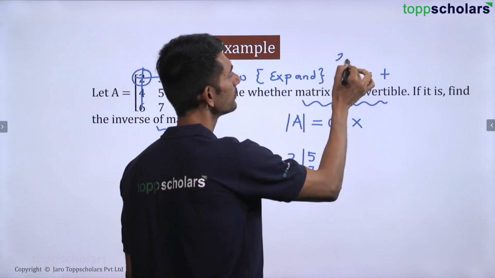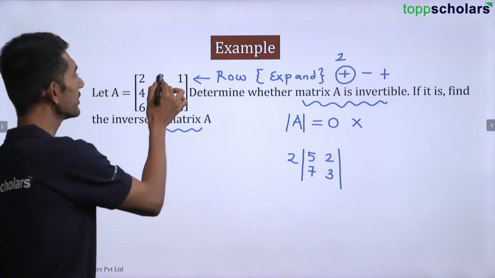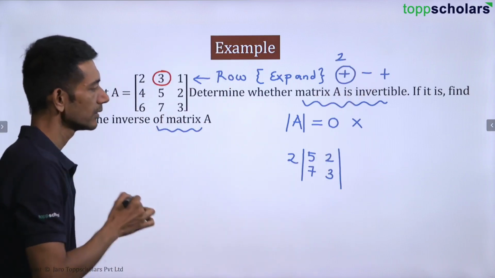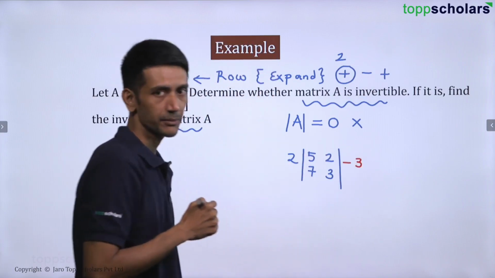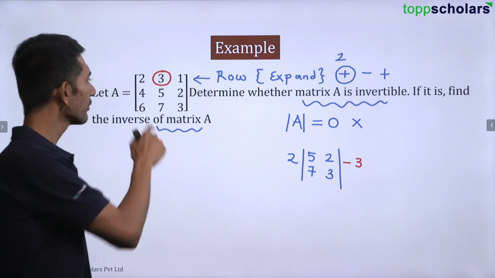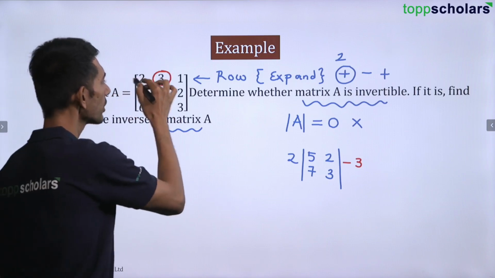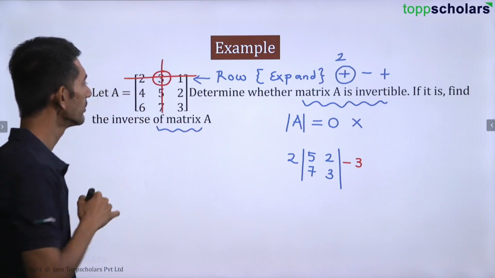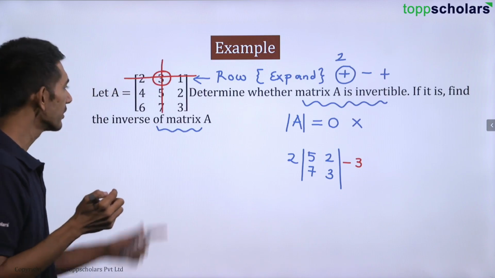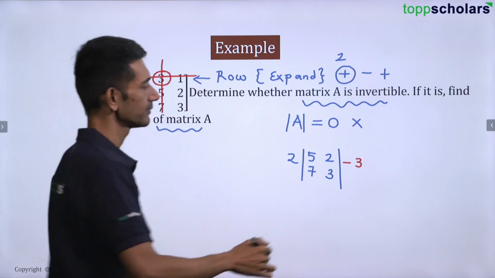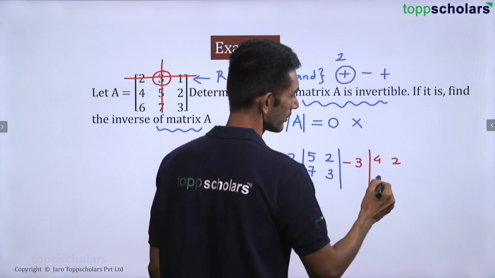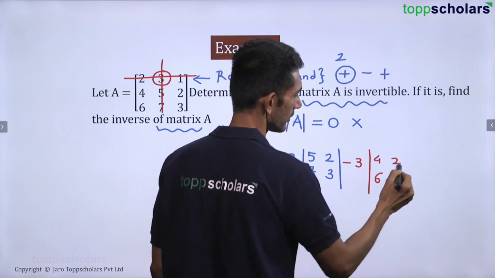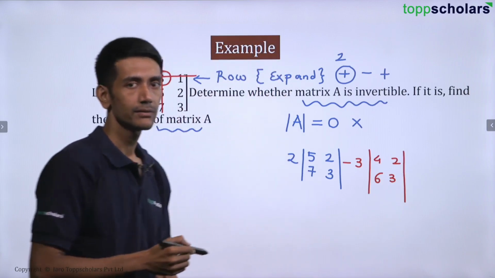That was your 2. Second is minus. That is this number. So write down minus 3. Now that is first row, second column. So remove the row, remove the column. What is left? 4, 2, 6, 3. Write down here. Clear?